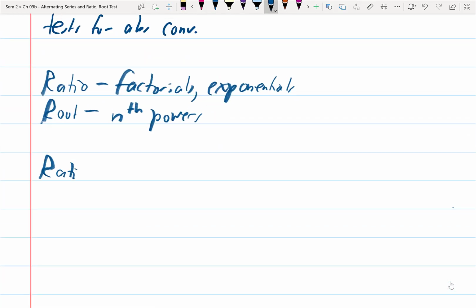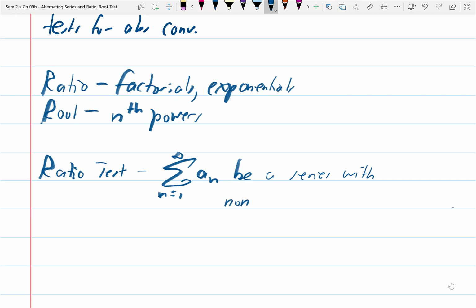The ratio test, and it's a neat one. It's a nice one. Let the sum from n equals 1 to infinity of a sub n be a series with non-zero terms.